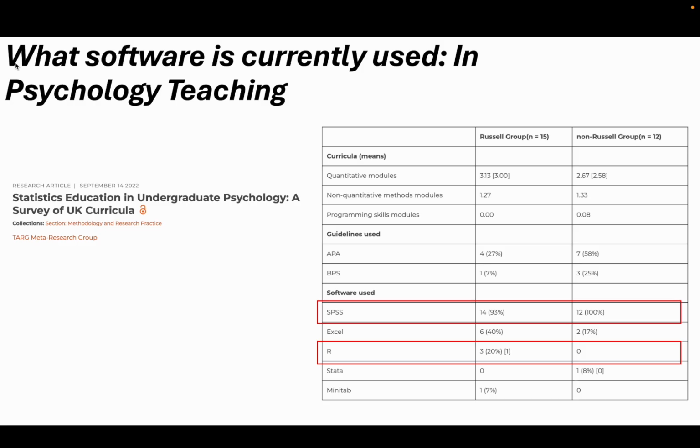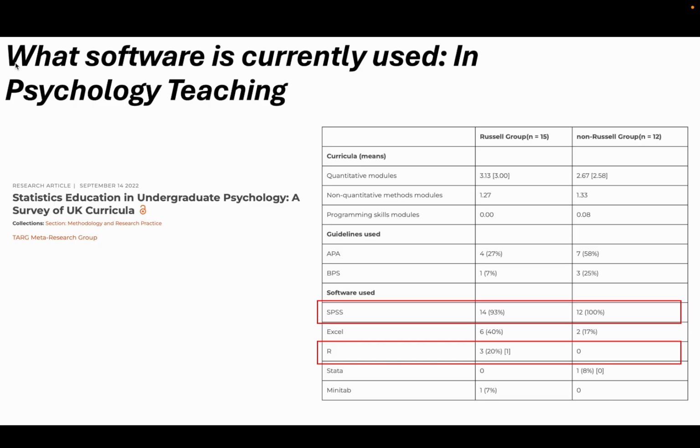That being said, obviously that slide was me giving a glowing recommendation for R. But currently, the state of things in UK psychology teaching is that it's still largely taught in SPSS. This was from 2 or 3 years ago now. A study just basically looked at what was available when describing online curriculum, in Russell Group universities and non-Russell Group universities.